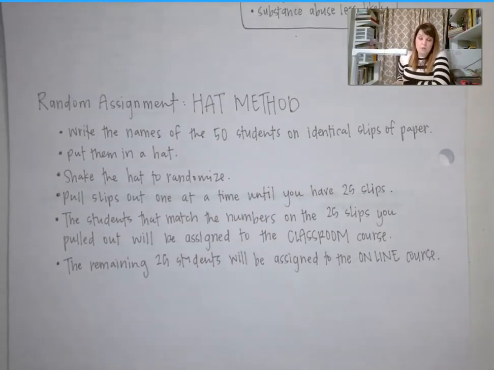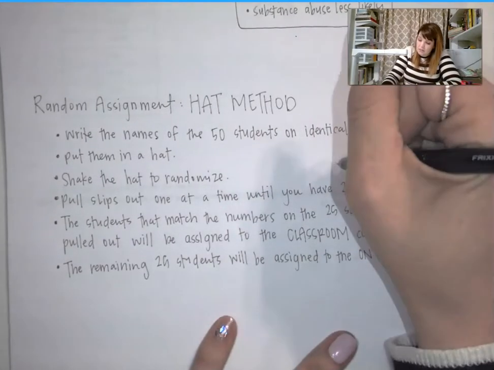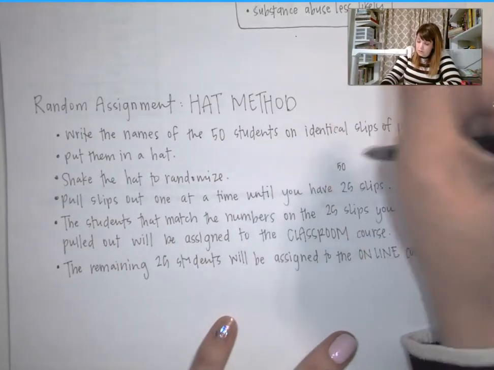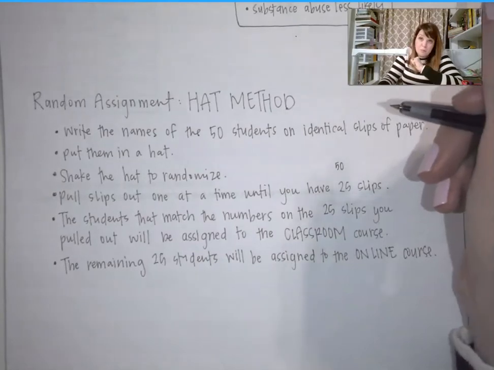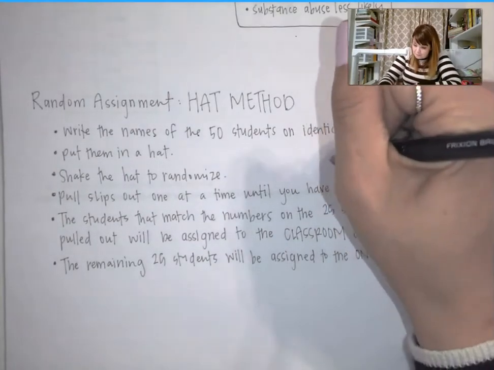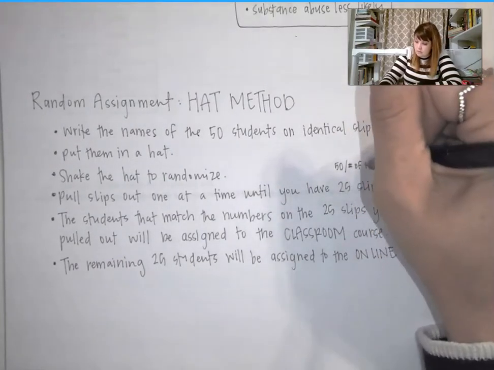Number one, we're going to write the names of those 50 students on identical slips of paper. Two, we're going to put them in a hat. Three, we're going to shake the hat to randomize. Four, we're going to pull slips out one at a time until we have 25 slips. Why? Well, we have 50 available people, so N, and we're going to divide that by the number of treatments.